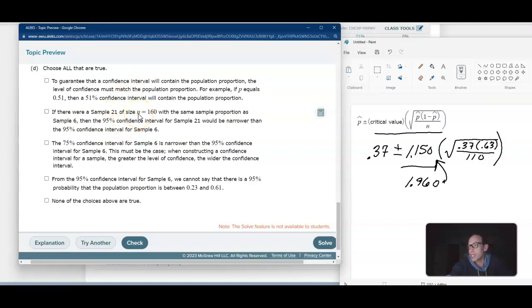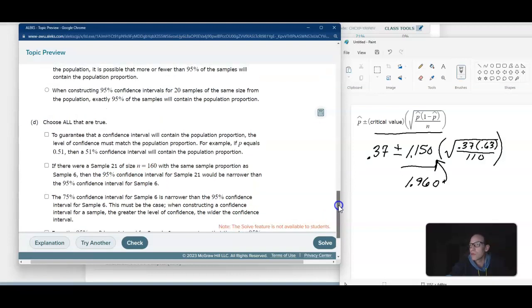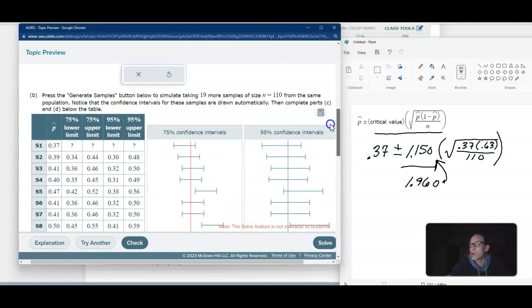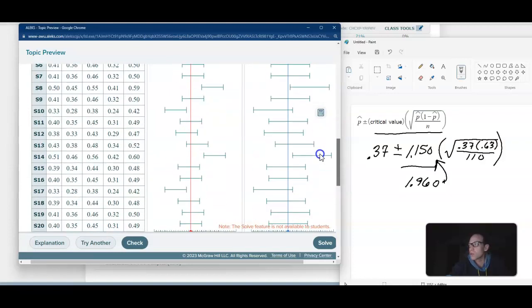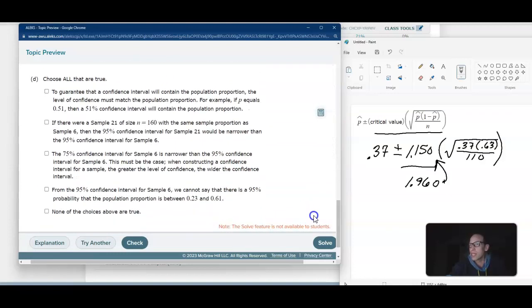If there were a sample of size n equals 160, the 95% confidence interval would be narrower. Let's check it out. So I guess ours was 110. So what happens is if we increase the sample size, we get a more precise confidence interval. So by increasing the sample size, our 95% confidence interval is going to get a little smaller.